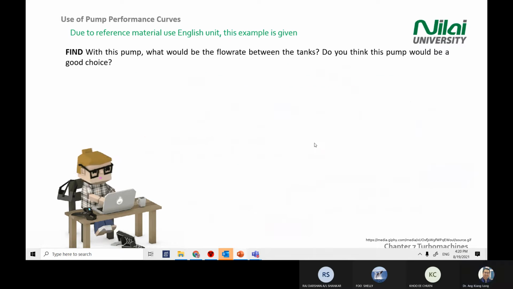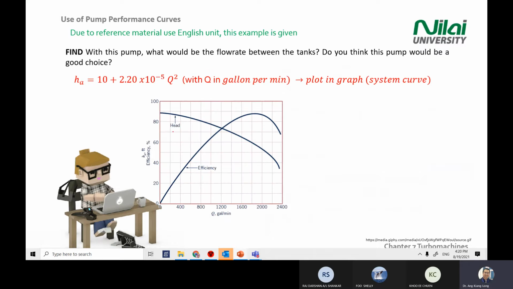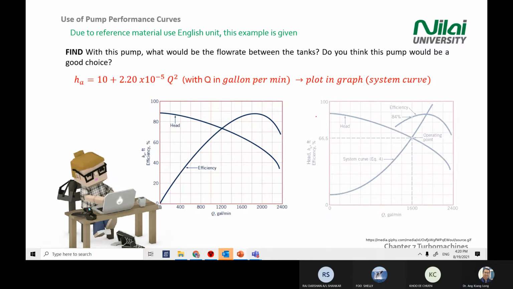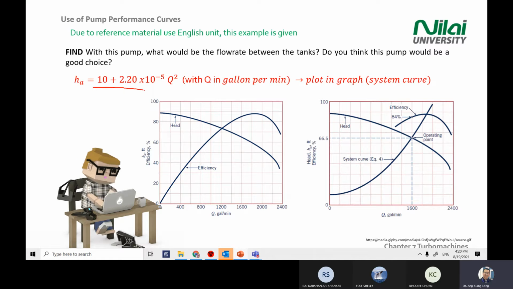Okay. Now previously we stopped here. If you watch carefully on your screen, you have a chart which gives you the HA, the actual head, versus Q. And you have these two lines given by the manufacturer. You need to plot this graph in Q in gallons per minute because the graph is in gallons per minute.